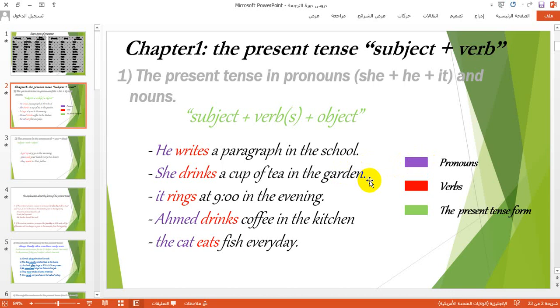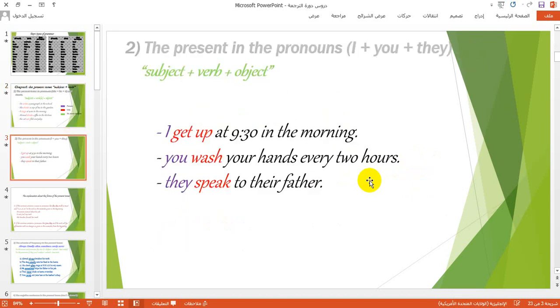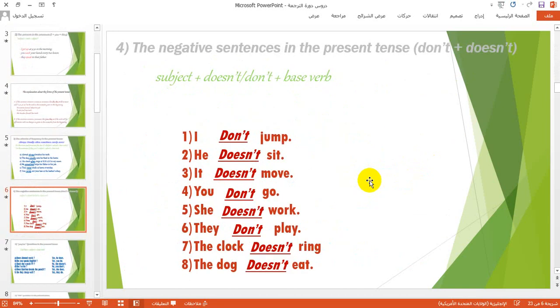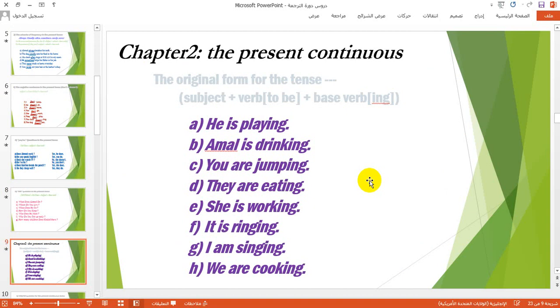Okay, and then we have discussed the present continuous. The form is the subject plus the verb to be, which is is and are, is for the singular person and are for the plural, plus the base verb plus ing.